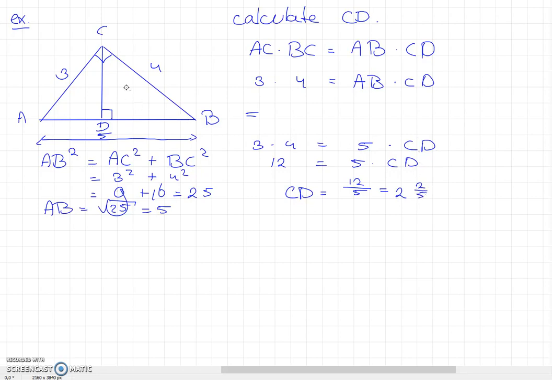And now, since we know this, we could use Pythagoras' theorem to calculate the length of AD and BD.